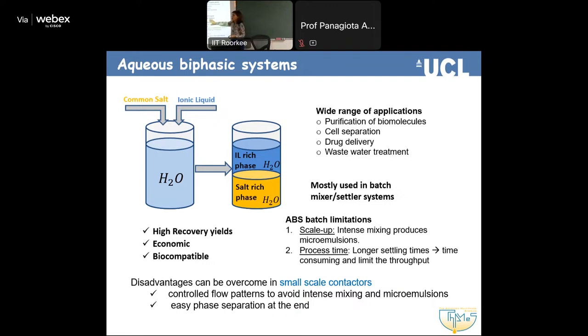There have been problems, though, and that's why they have not really taken up. One is that because the two phases are quite similar, the interfacial tension is very, very small.